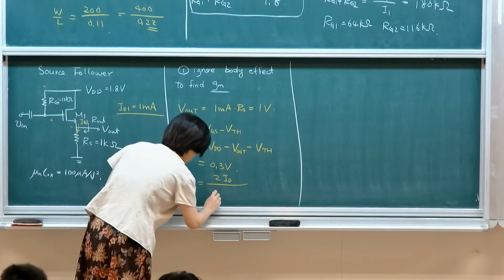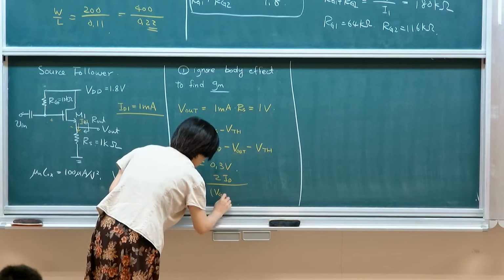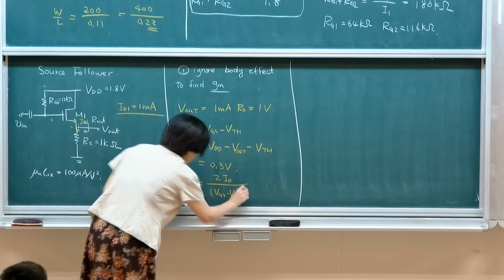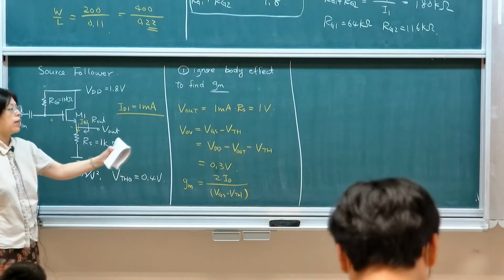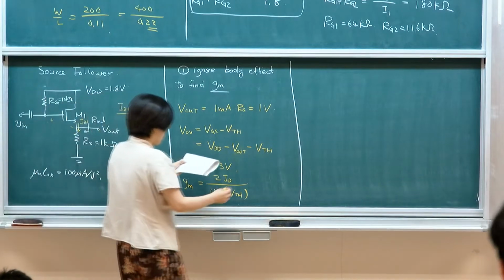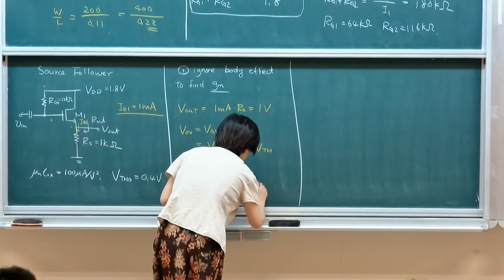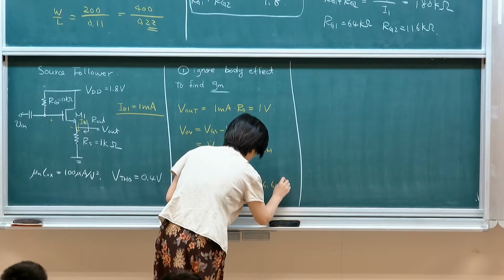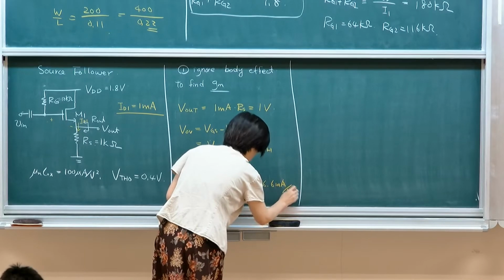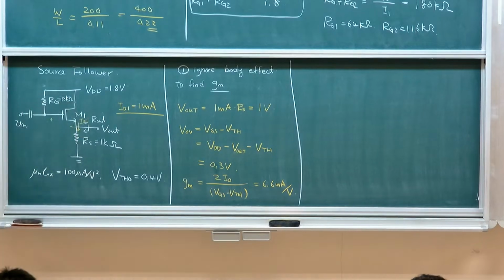As I said, without knowing W over L, you should be able to use this equation to get your transconductance, which is 66 milliamp per volt. Okay? So this is a fairly large transconductance. That's good.